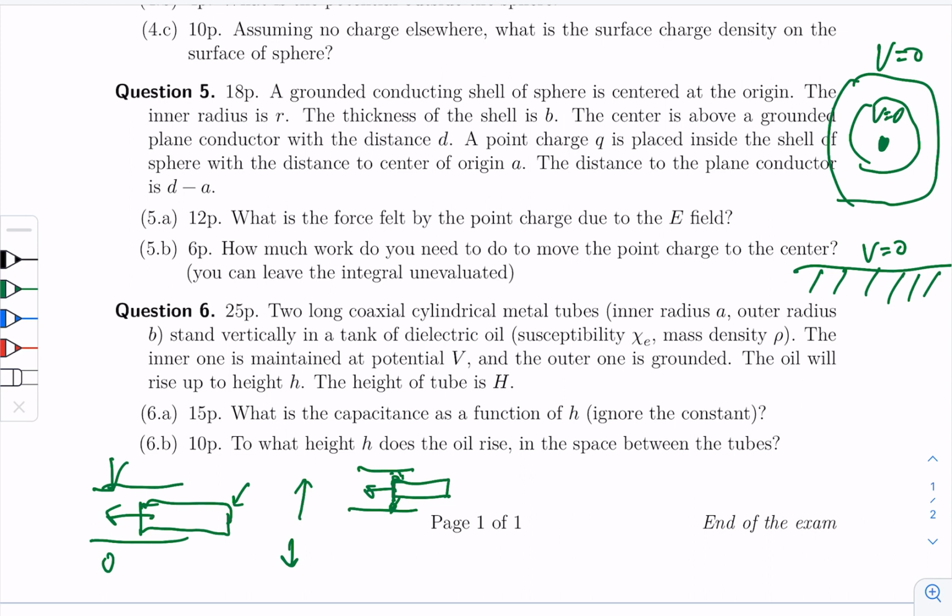So in this problem, what you need to consider is a very simple problem: you can simplify the problem to only a point charge with a sphere outside. So before you write anything, try to analyze the problem first.